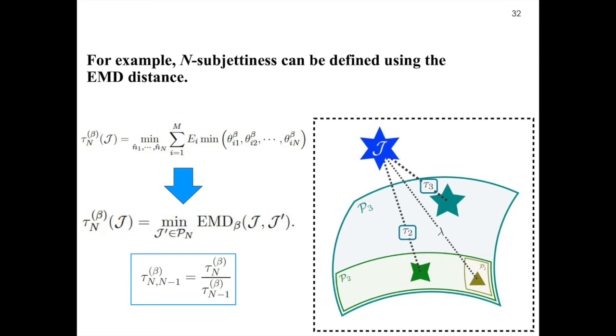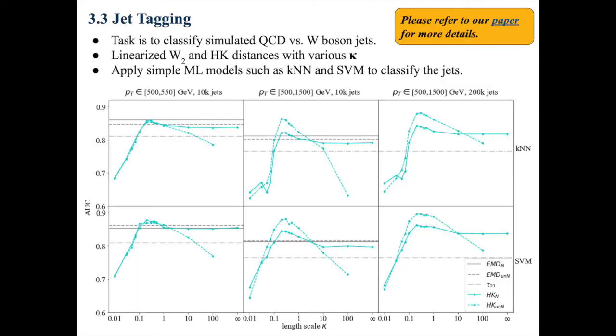Okay, good. So now let's take a look at what OT can offer for jet tagging. In our work, the task considered is to distinguish QCD background jets versus boosted W boson signal jets. All jets are simulated via the standard pipeline, and they are clustered with a wide radius R equal to 1 to capture all the decay products of the boosted W jets.